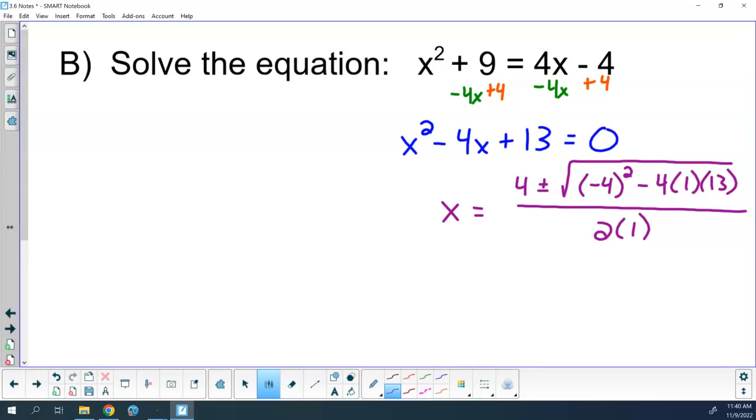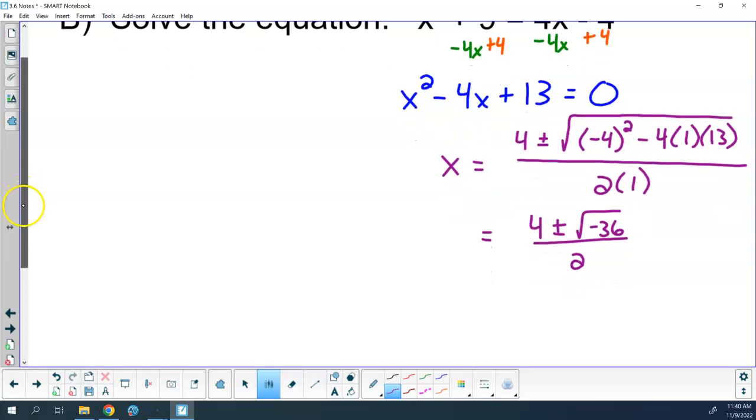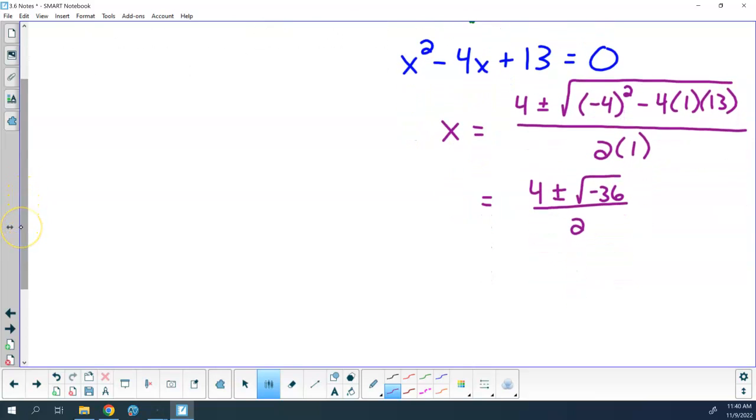So this simplifies to be 4 plus or minus the square root of negative 36 all over 2. Square root of negative 36, 6i, right? So this is 4 plus or minus 6i all over 2.